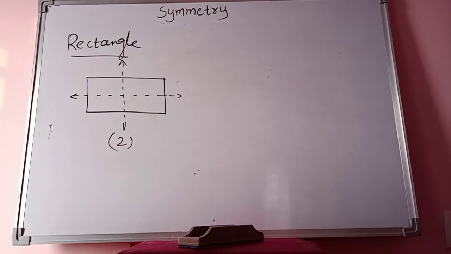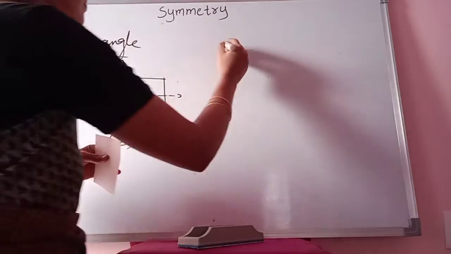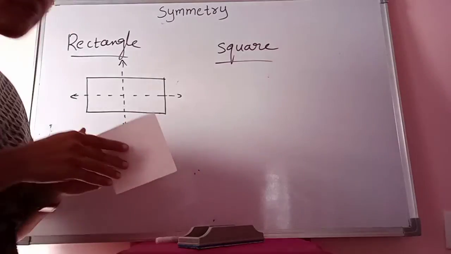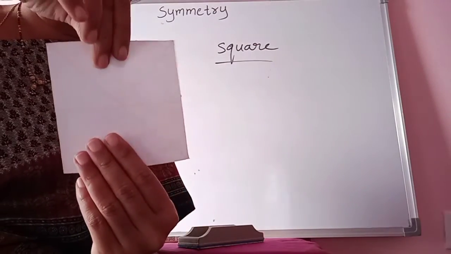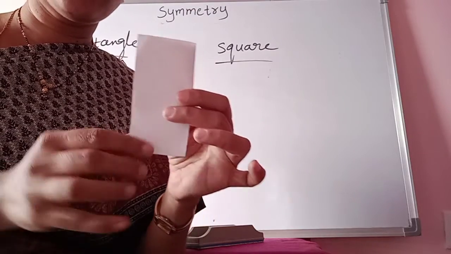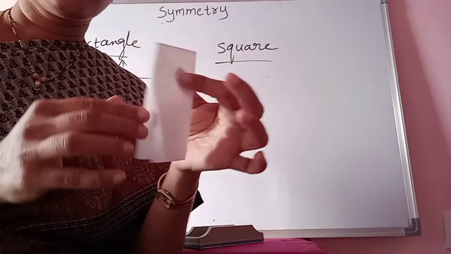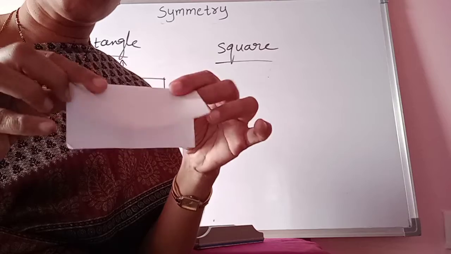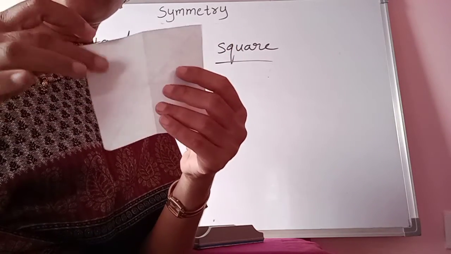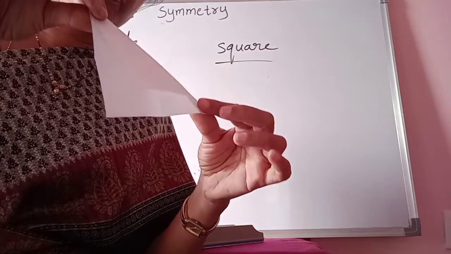Now if I consider a square, okay, observe children, square. First I am folding vertically, both the parts match each other. Okay, coincided. Now horizontally also if I fold, both are coincided each other. Diagonally observe children.